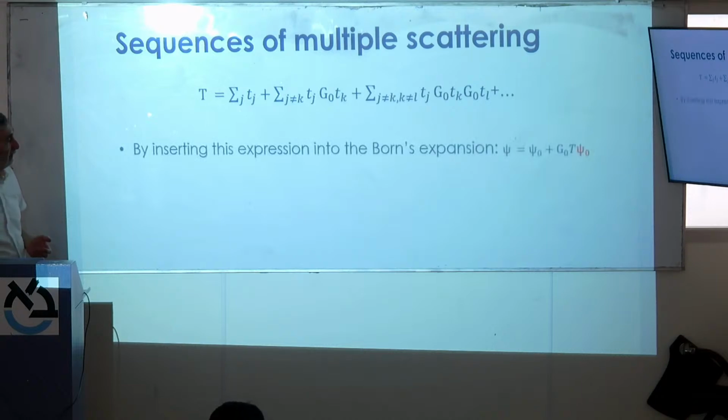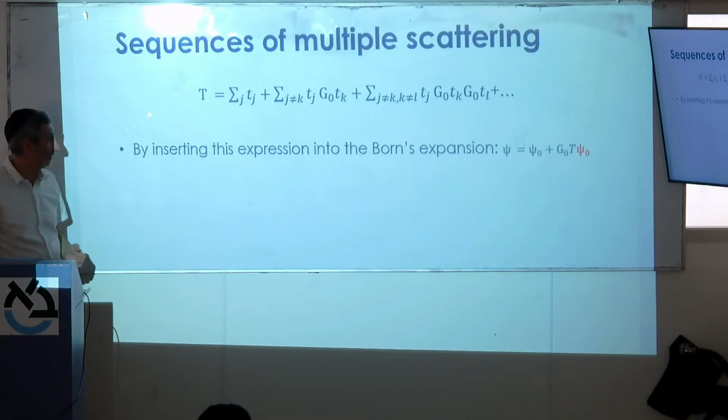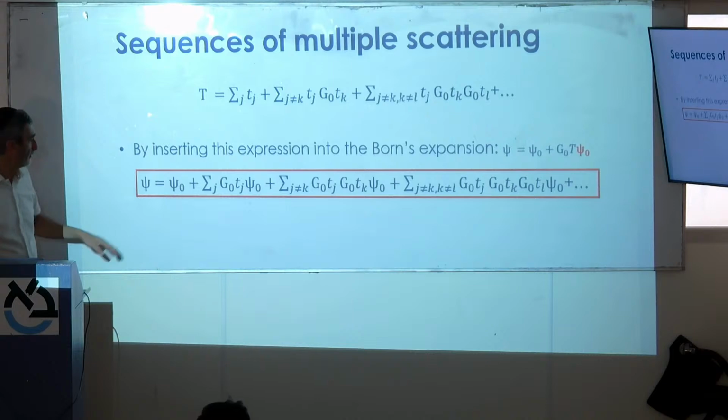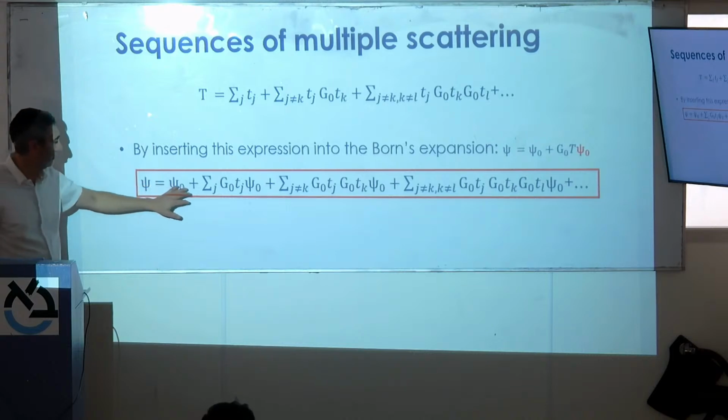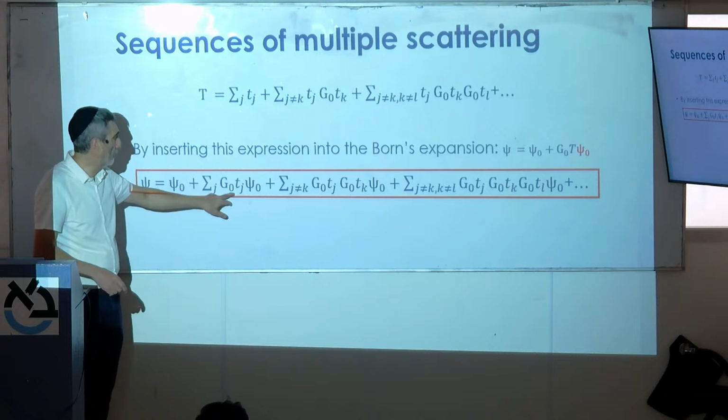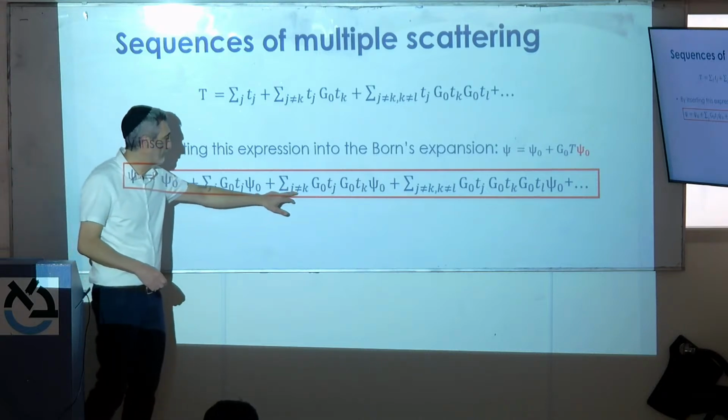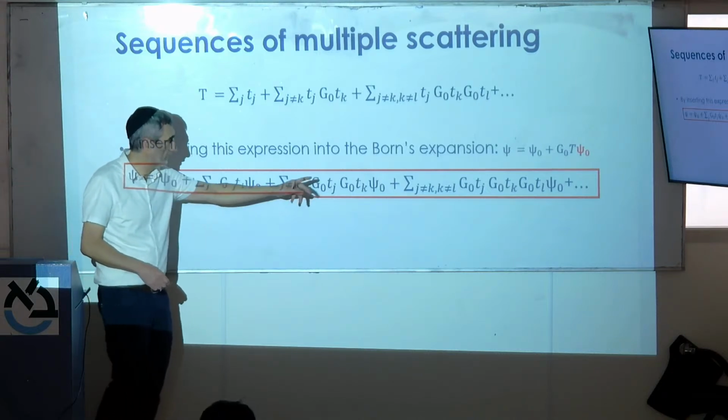So if you insert that in the Born expansion, the expression of T, what you get is psi 0 plus the first term with a small tj, plus a term with different pairs of different scatterers.